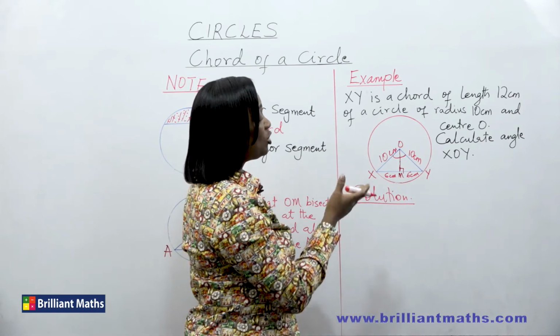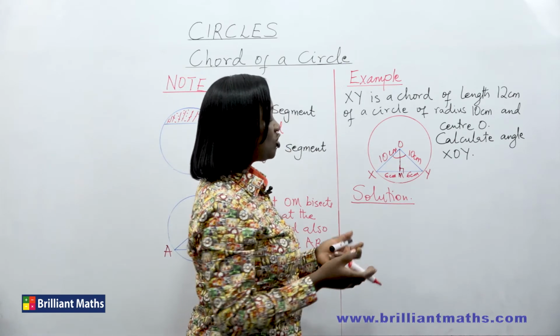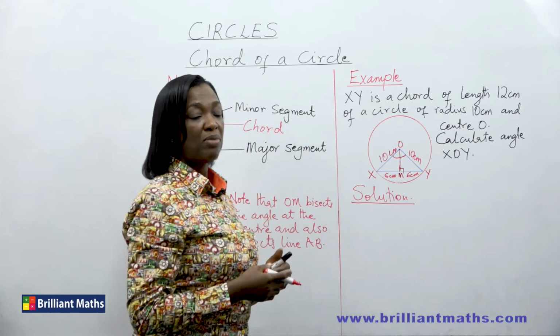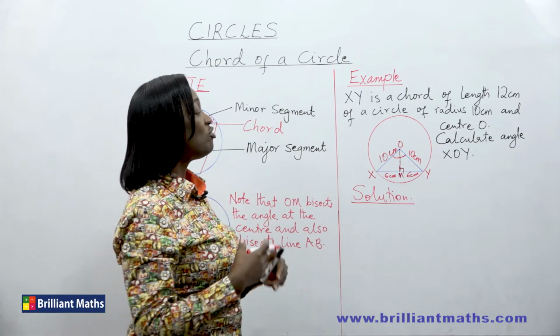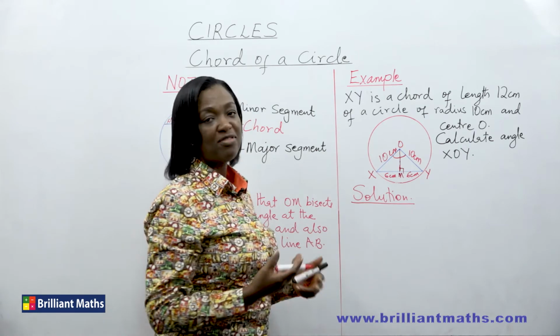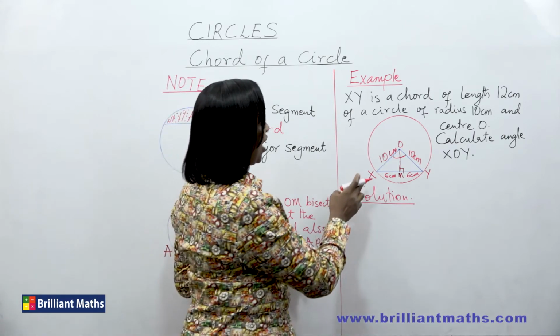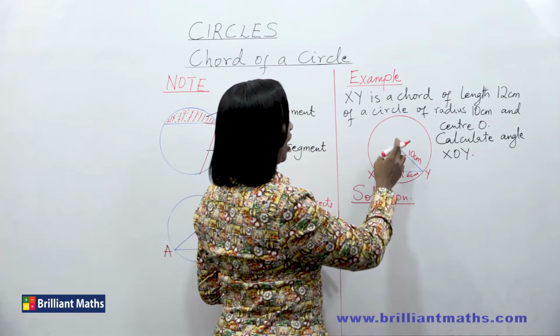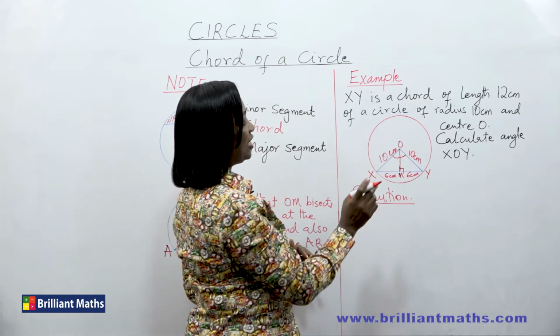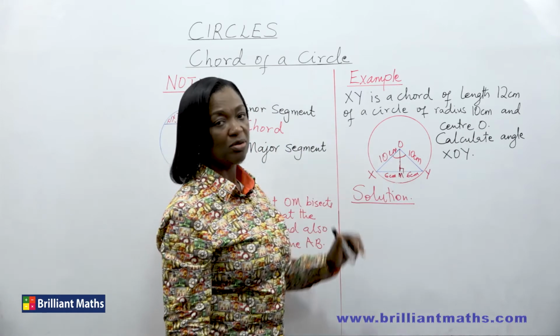We can then begin to look at the properties of triangles, Pythagoras theorem. You need to remember everything you have learned about triangles and circles. If this length is 12 centimeters, and we have agreed that OM is a bisector, so we have a right angle triangle there.